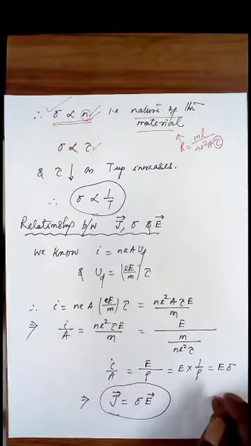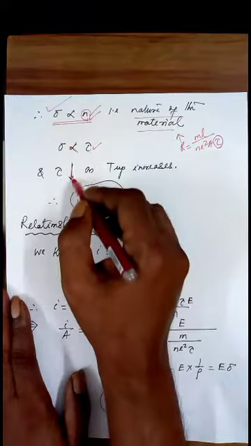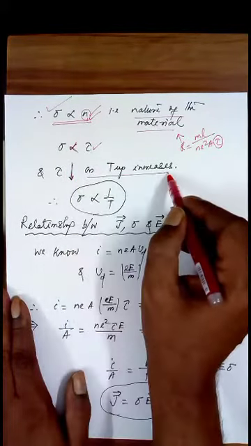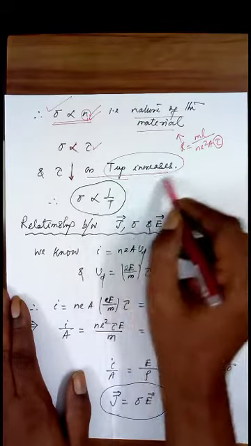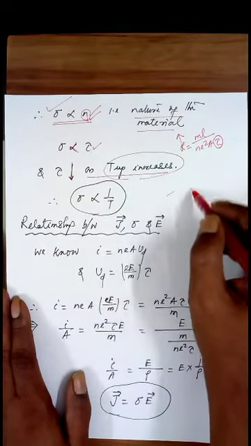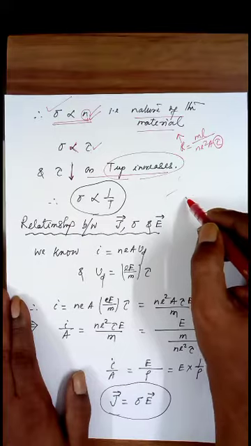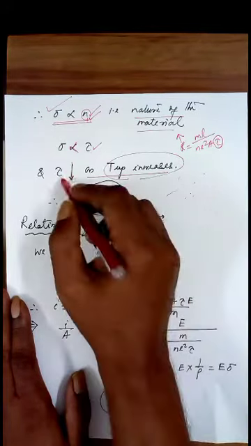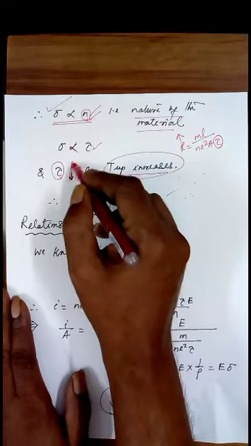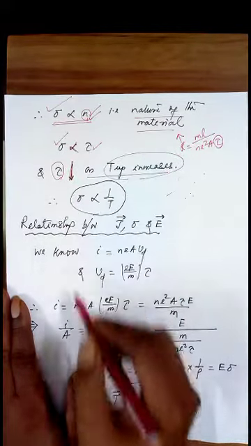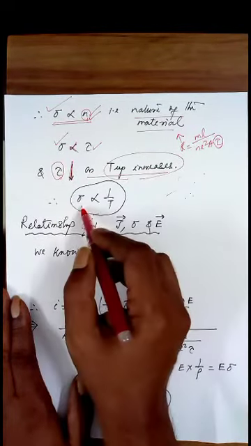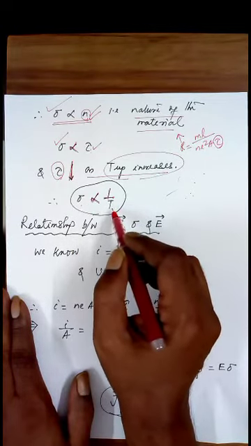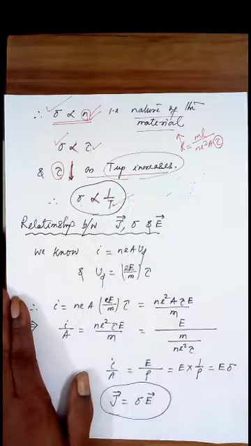If tau decreases, sigma also decreases. We know tau decreases as temperature increases, because if you increase the temperature the electrons move faster, so to collide with an ion or atom takes less time. Therefore, sigma is proportional to 1 by T, where T is the temperature.